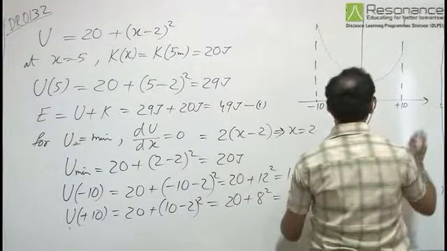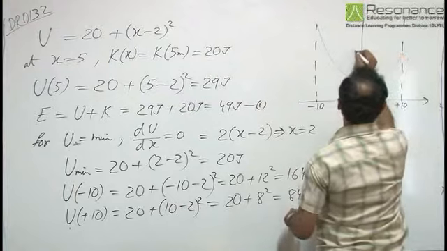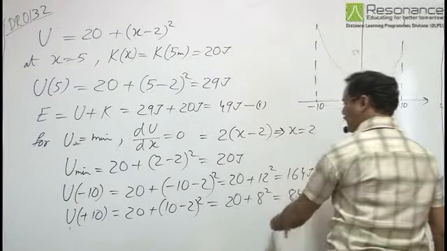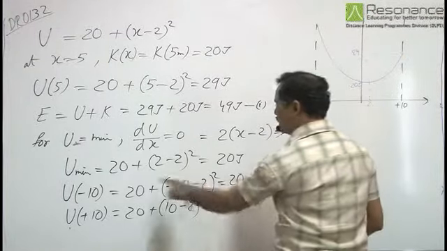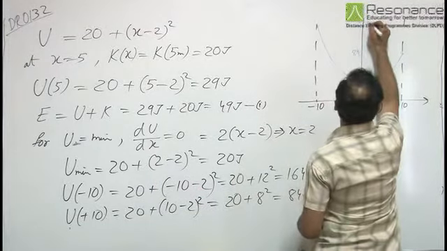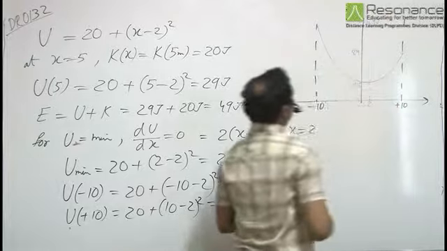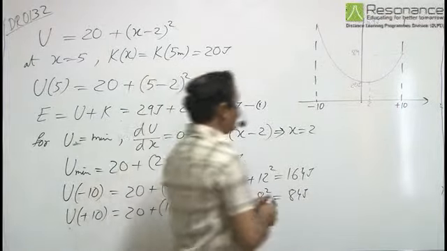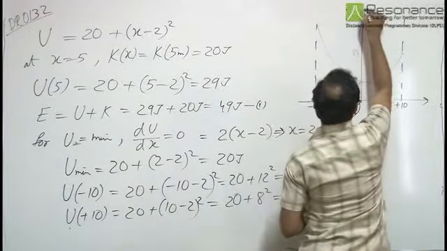At x equal to plus 10, it is 84 joules, and at x equal to minus 10, it is 164 joules. So this is the U versus x graph.